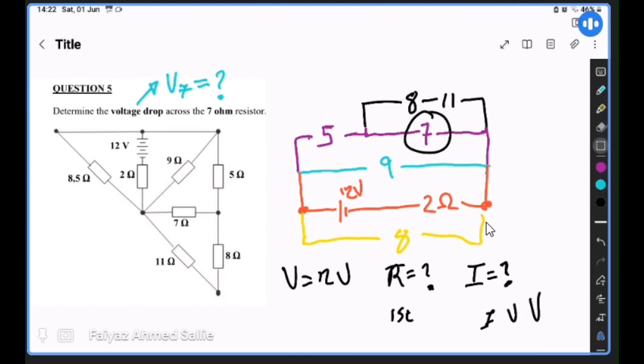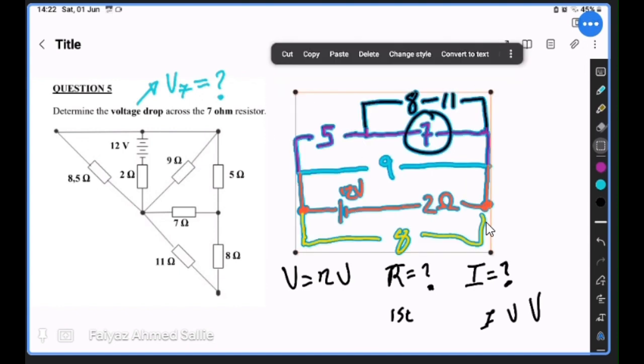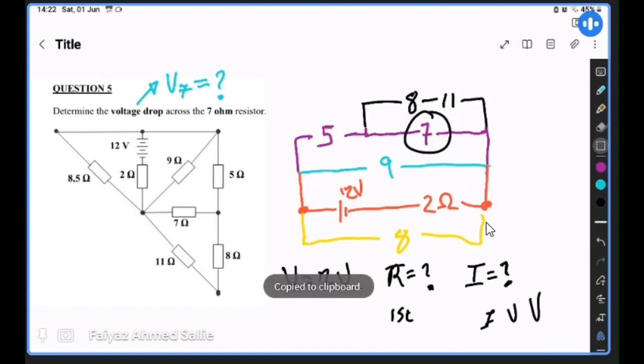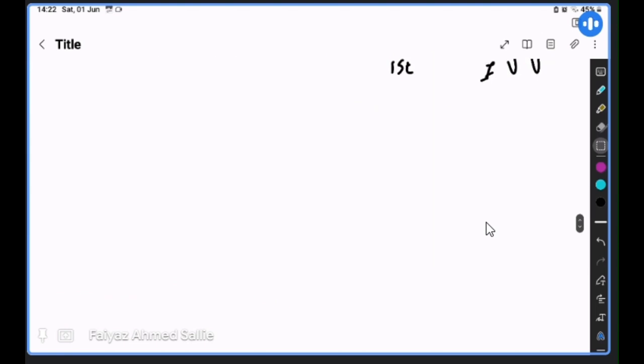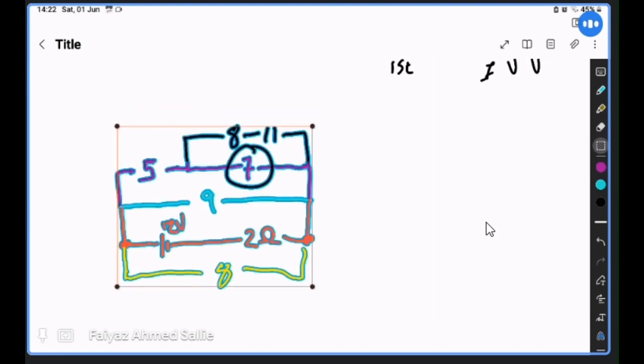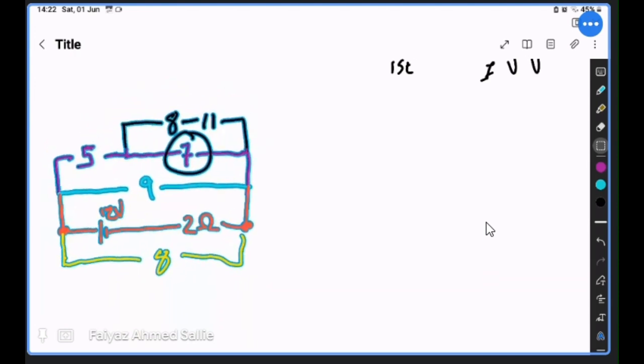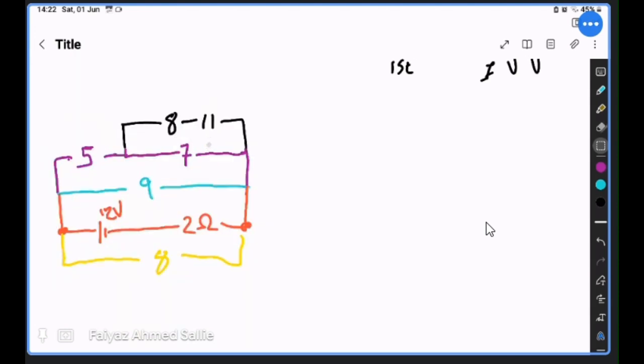Okay, so let's copy this over here. Copy. Let's paste it over here. Paste. Okay. So we're going to add the resistor here, right?